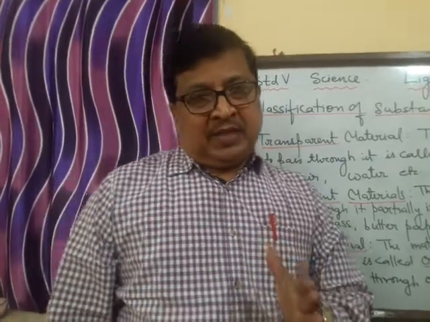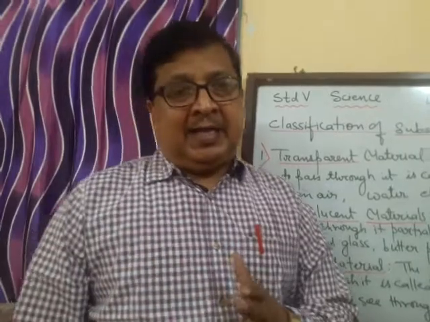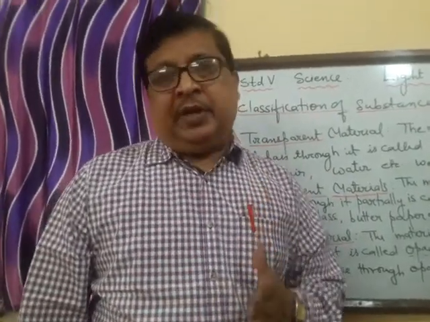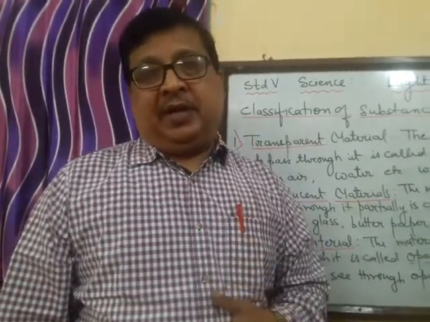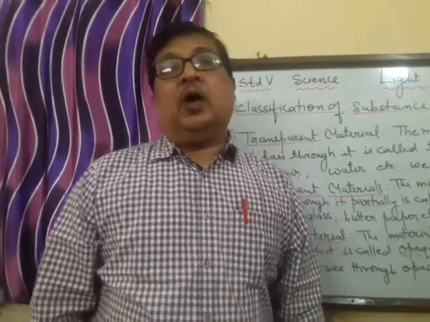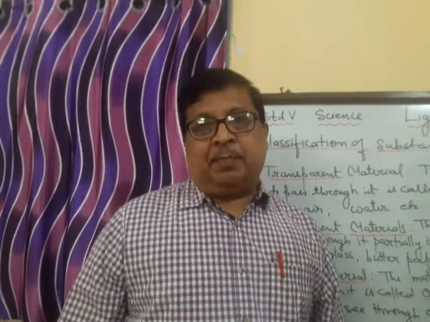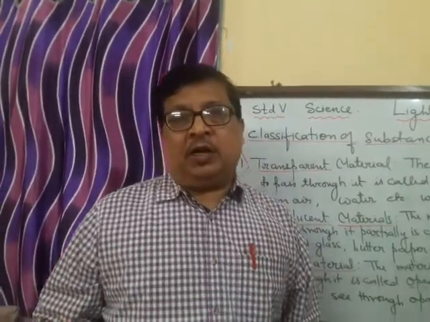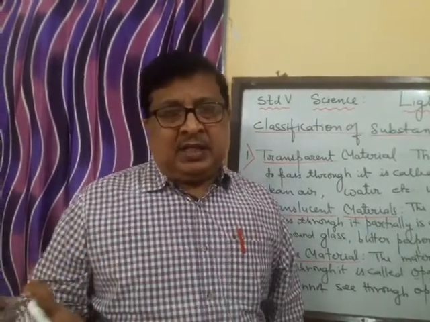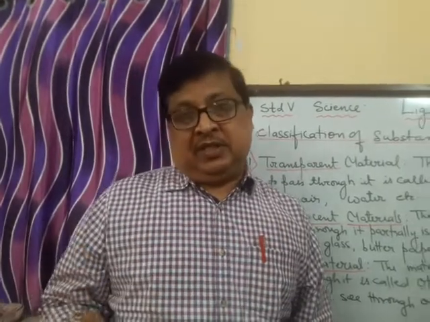So we have classified substances on the basis of this property as transparent, translucent and opaque material. Transparent materials are those which allow light to pass through them, and the best examples are clean water and clear air.